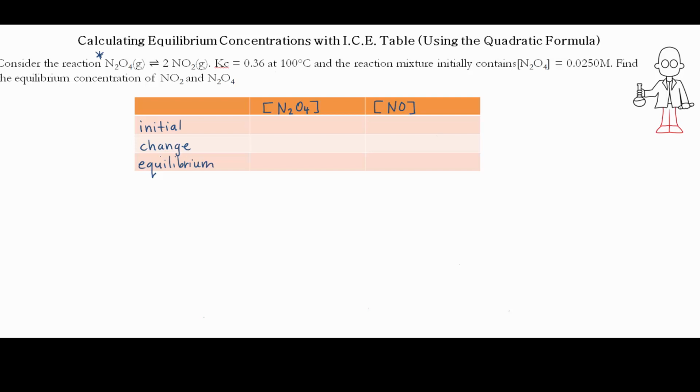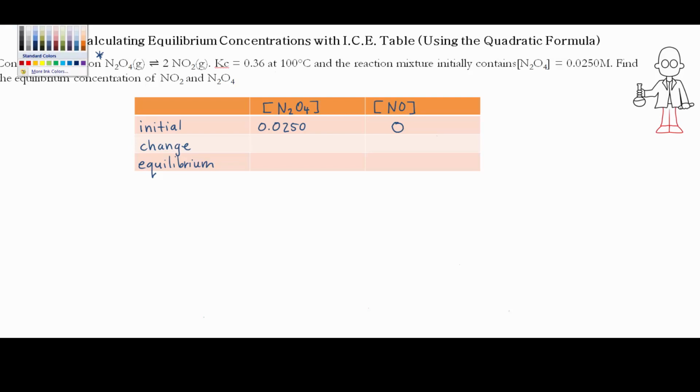So in the problem, we're given that the reaction mixture only contains 0.0250 molar of N2O4, and there is no product initially.